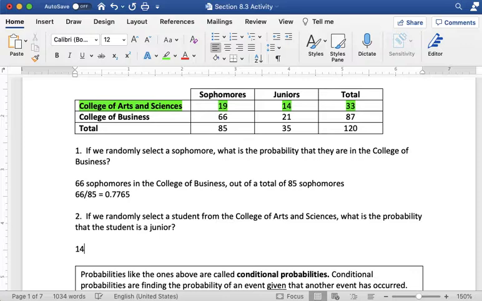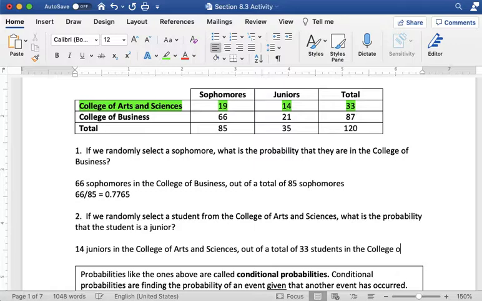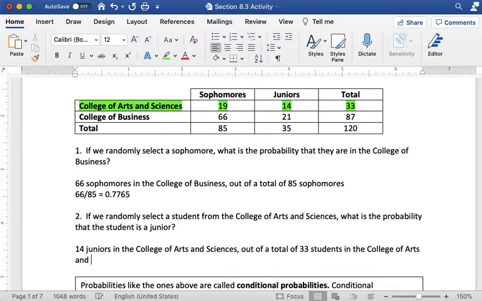So we have 14 juniors in the College of Arts and Sciences out of a total of 33 students in the College of Arts and Sciences.